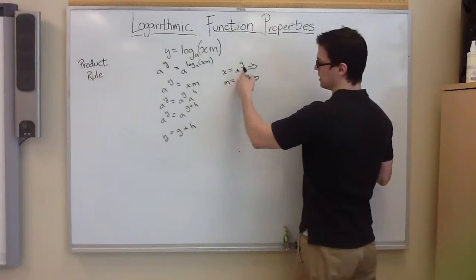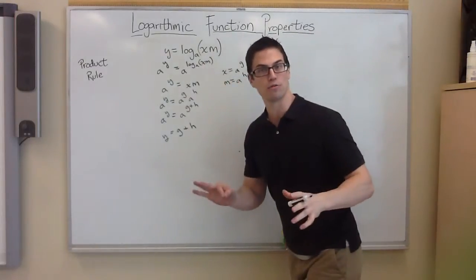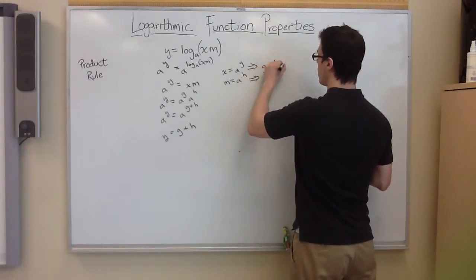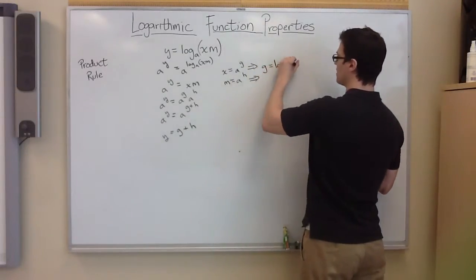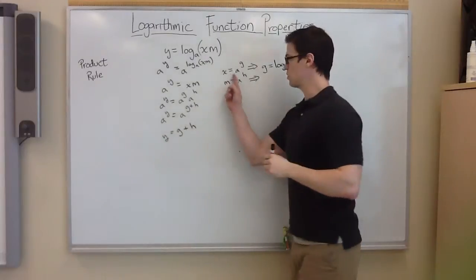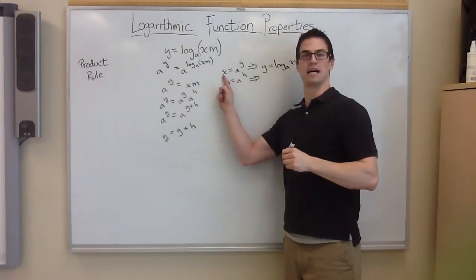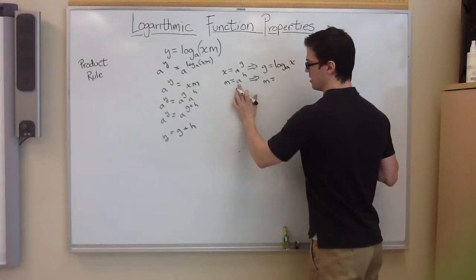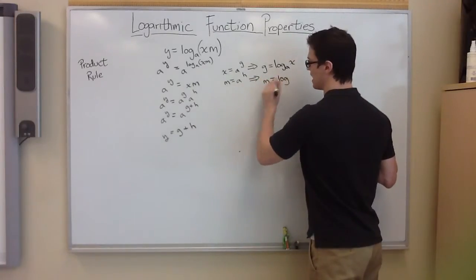Well, if a to the g is equal to x, based on our log rules, we should know that g is equal to log base a of x. I took the log base a of this side and log base a of this side, the a's cancel, and you've got g. And for m, same thing, log base a on both sides.